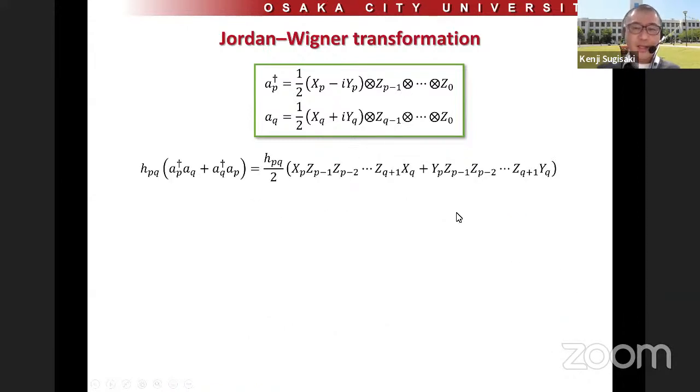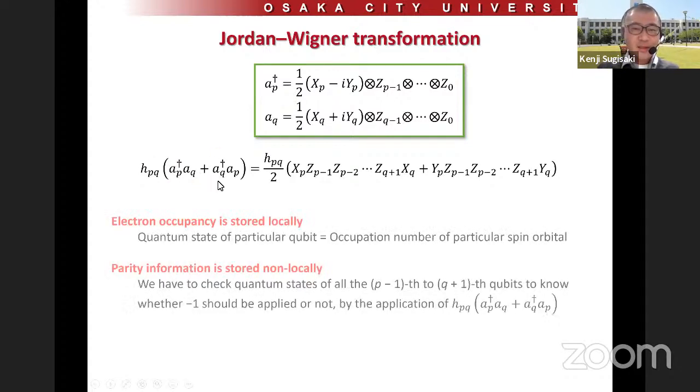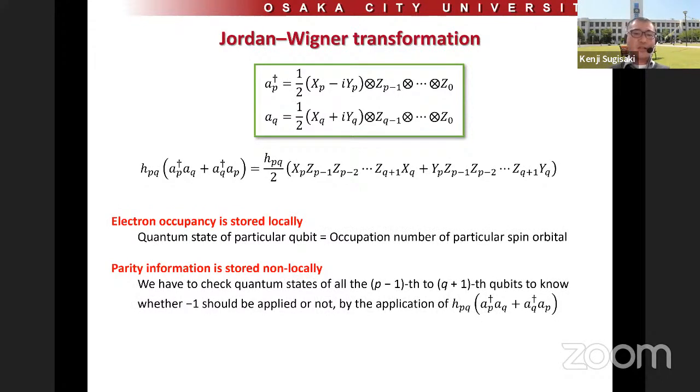Again, these are the one-electron terms. In the Jordan-Wigner transformation, the electron occupancy is stored locally. So it means that if we see the quantum state of a particular qubit, we can know the occupation number of a particular spin orbital. However, in the Jordan-Wigner transformation, the parity information is stored non-locally.